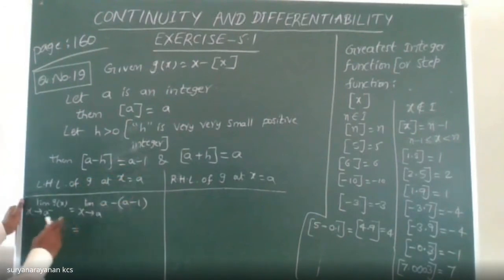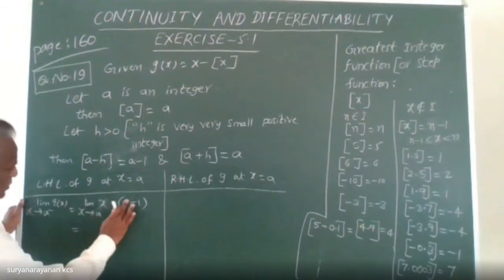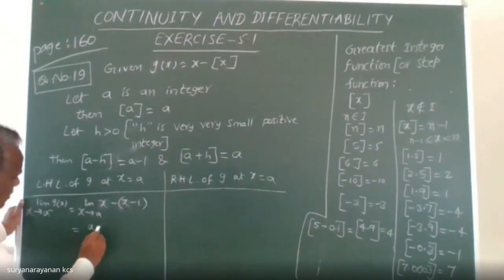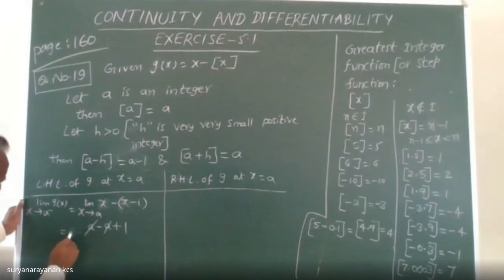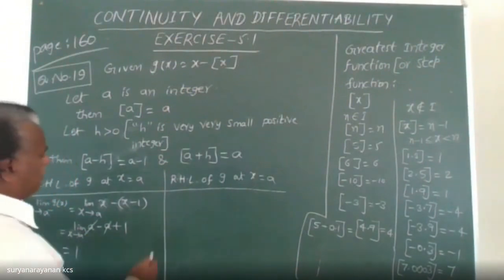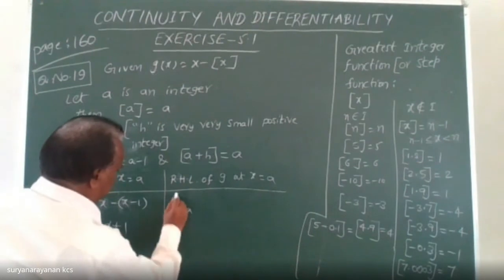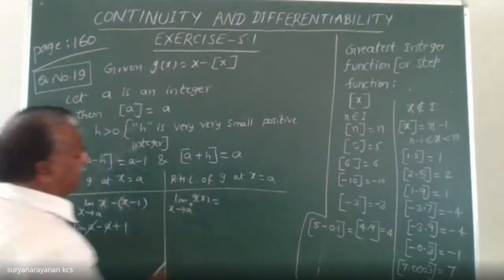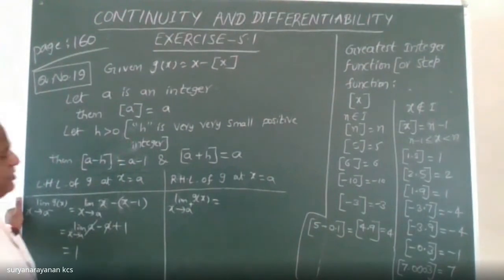So, or like this also, x minus 1. So a minus a plus 1. So this is the left hand limit of this function at x is equal to a. This is the right hand limit of g at x is equal to a.